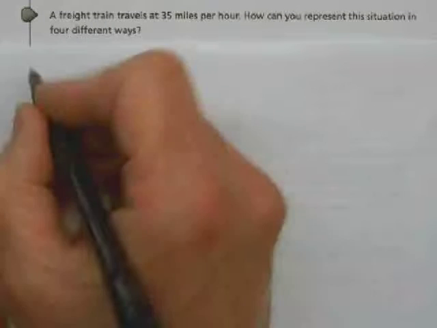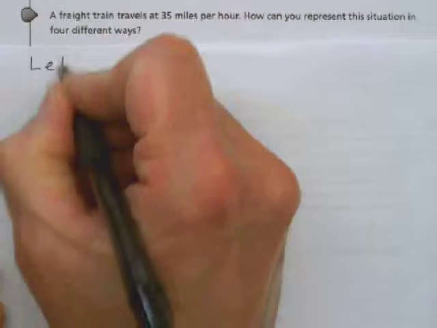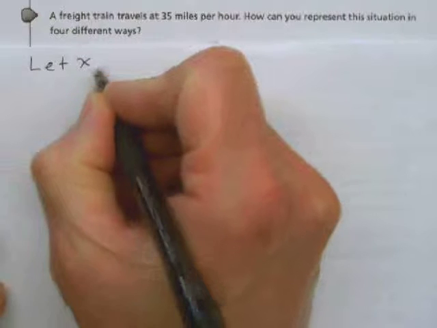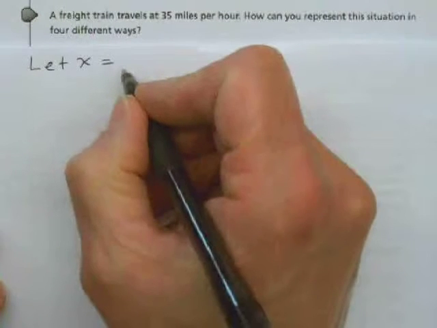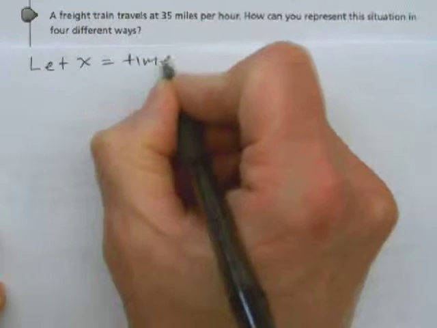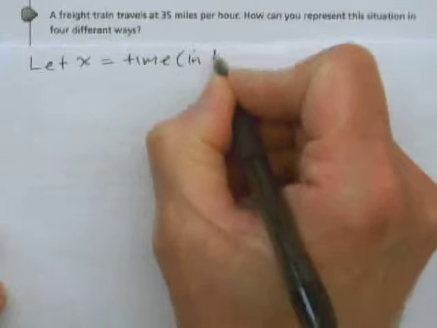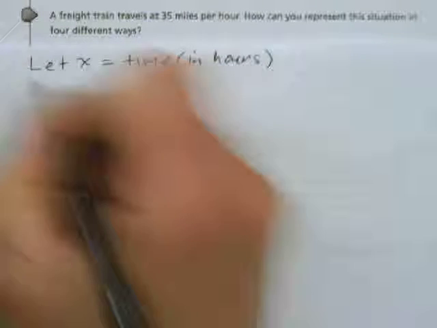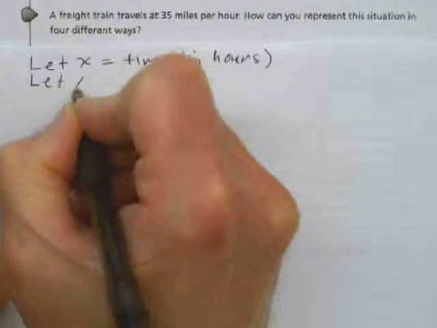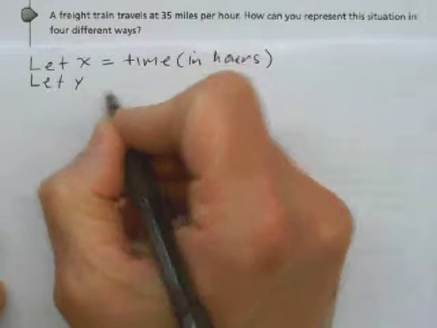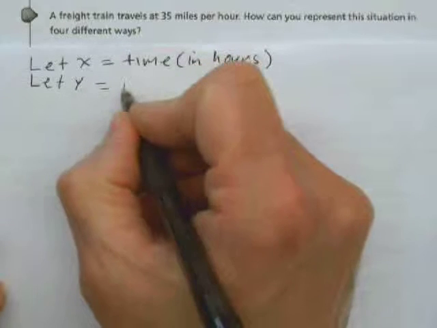And using the information I've been given, I'm going to say let's let x equal time. And I'm going to say that's in hours, of course. And why don't we go with let y equal number of miles traveled.